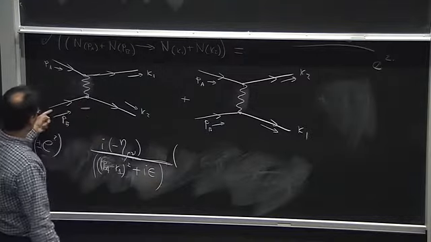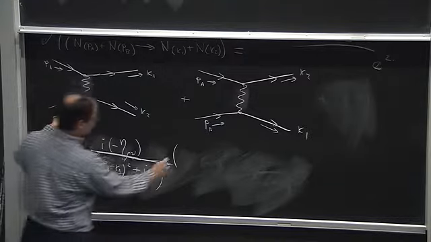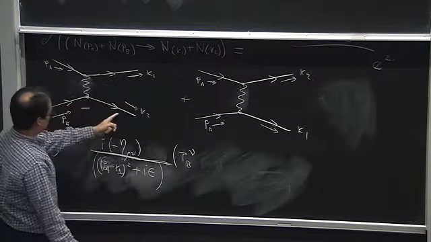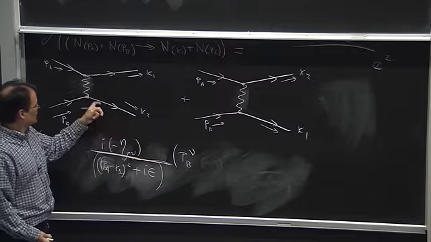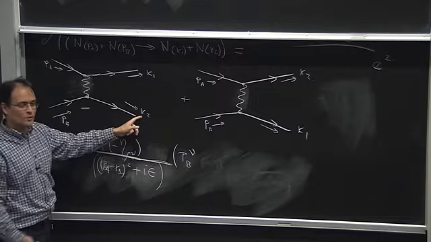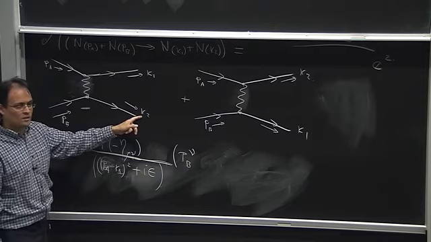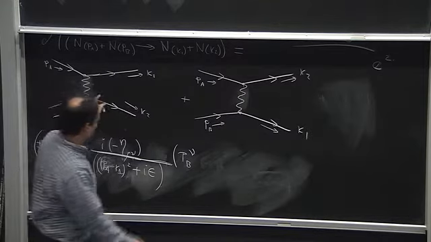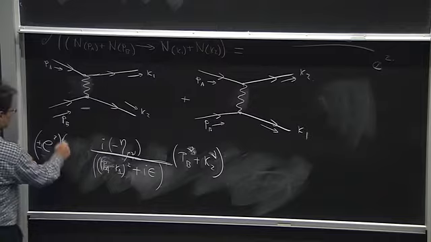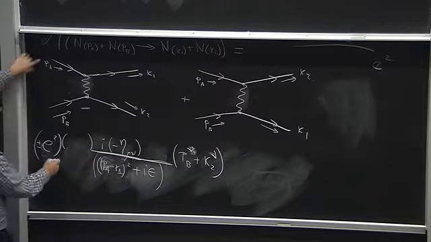So let's start with this one. This one has momentum PB. And how about this? This momentum is going out. And according to our vertex, what am I supposed to put in there? Plus. That's right. So we're supposed to put plus K2. And on this side, I'm going to contract the mu index with PA.